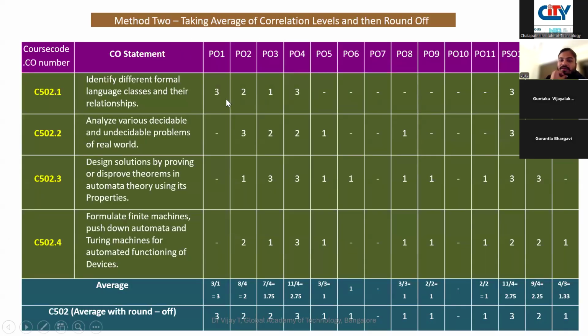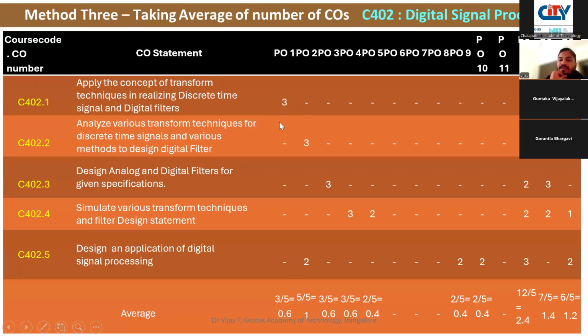The second is similar: 3 by 1 is 3. Then add all of these and divide by the number of COs, which is the other method. The third method, irrespective of your mapping, brings the denominator equal to the total number of COs. So I've mapped here only to one PO, and the rest of the COs are not mapped here.